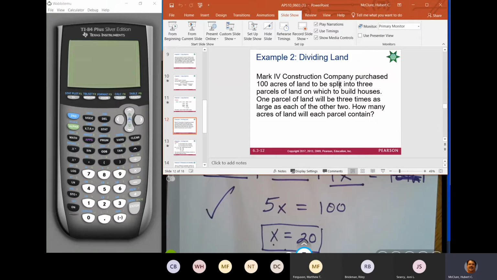You don't have to write it all. 100 acres of land is to be split into 3 parcels. One parcel is 3 times as much as the other. How many acres does each parcel contain?